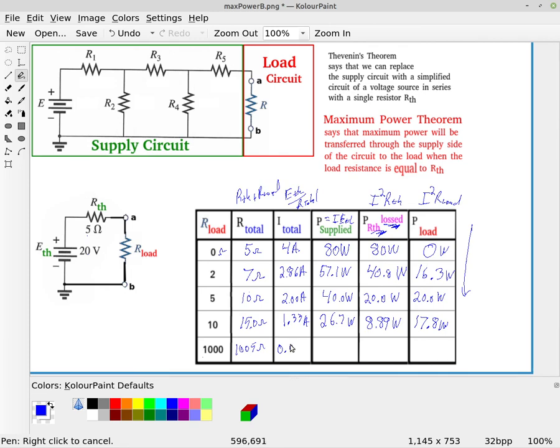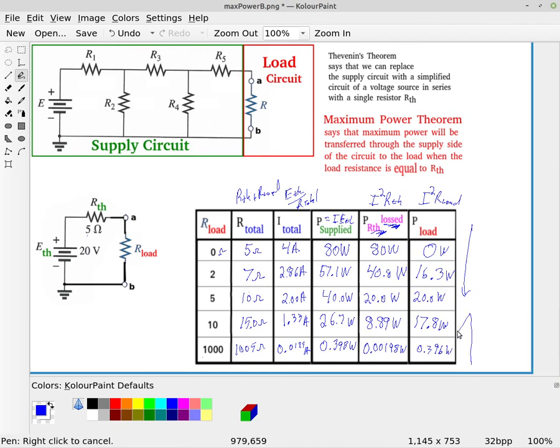So our current has now dropped to 1.199 amperes. And our power supplied then has dropped all the way down to 0.398 watts. I'm just keeping everything in units of watts so it's clear to see here. 198 watts are being used, and that leaves 3.96 watts to actually make it to the load.